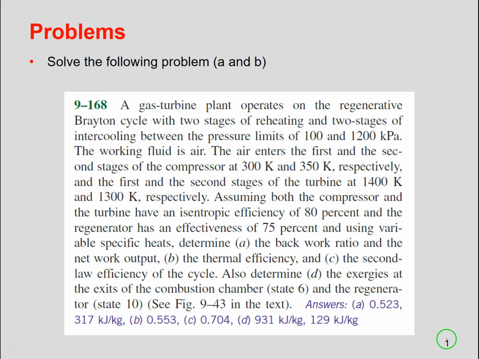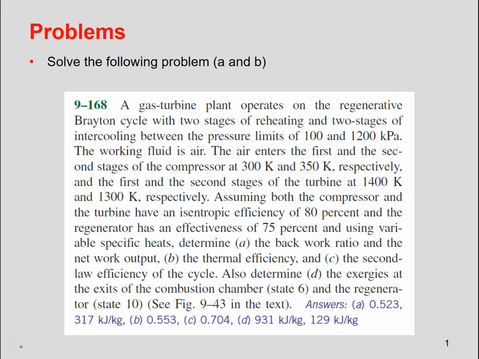Hello guys, we're gonna talk about the solution of a complex gas power plant. This is the same problem that we saw in class, so we are going to show the complete solution.